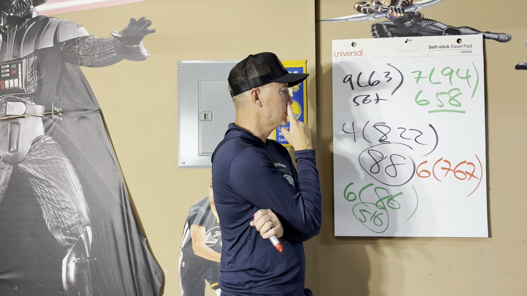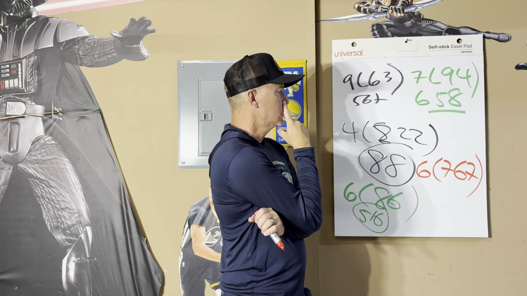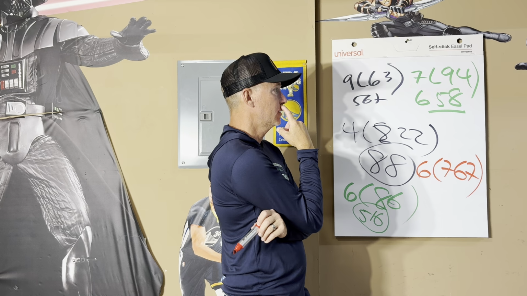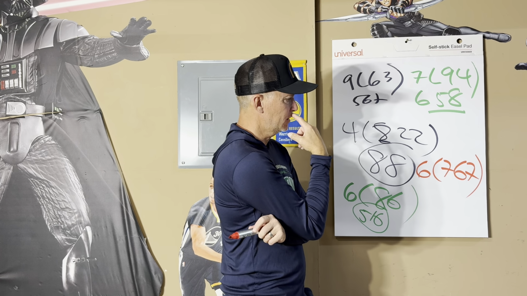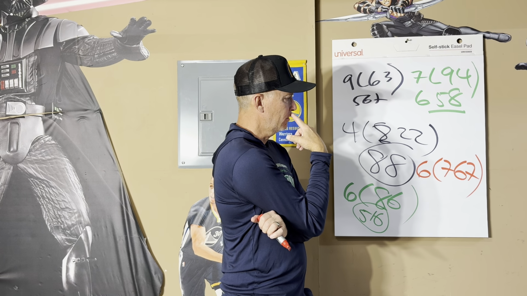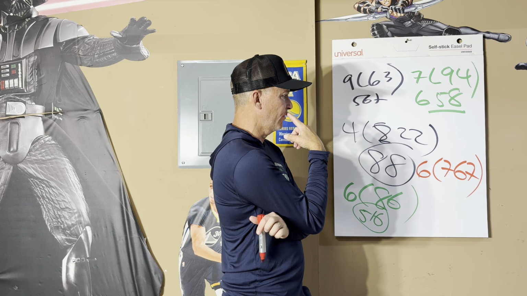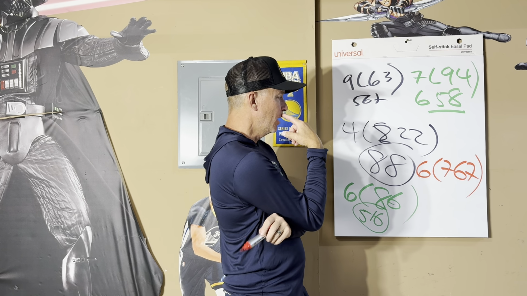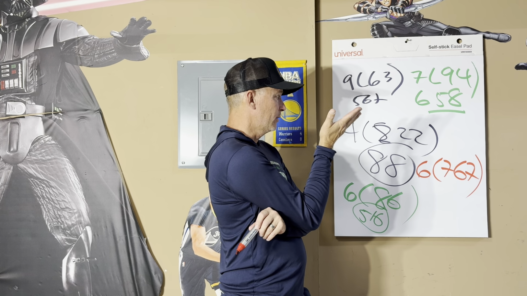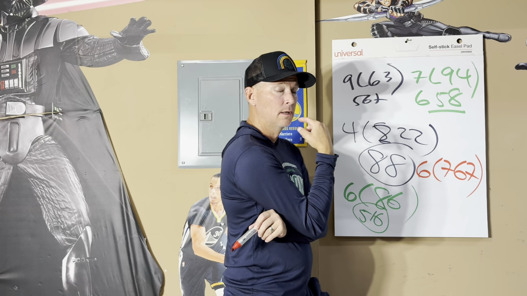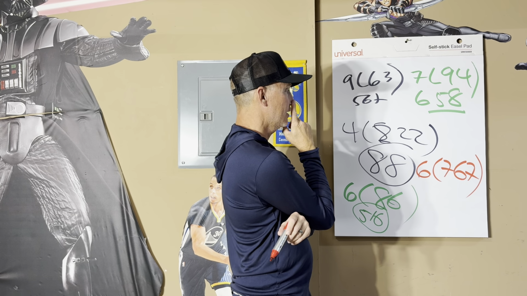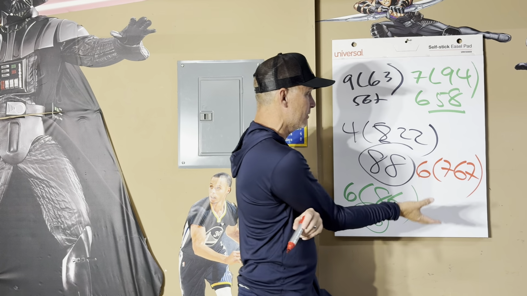4,200, 36, 40, 4,200 plus 36, 4,236. Oh gosh, it's 4,200, whatever 36 plus 40. It's not 4,200? No. Okay, well, 6 times 700 is 4,200.